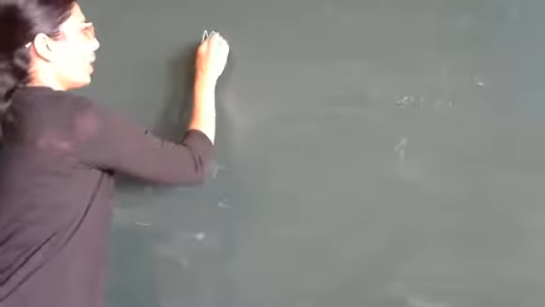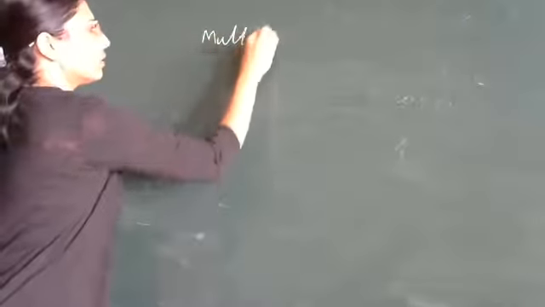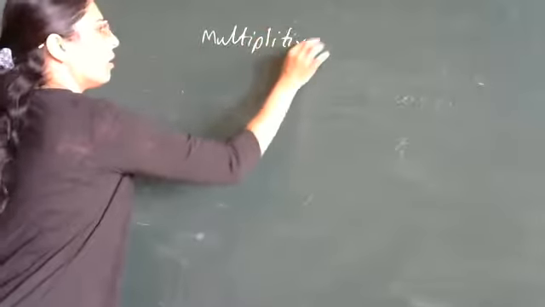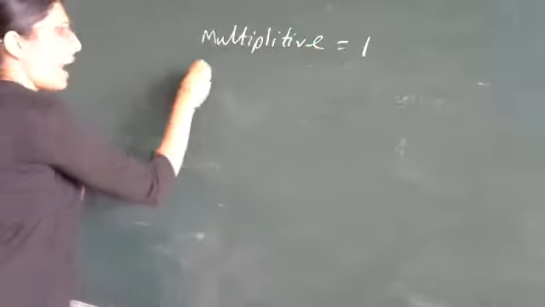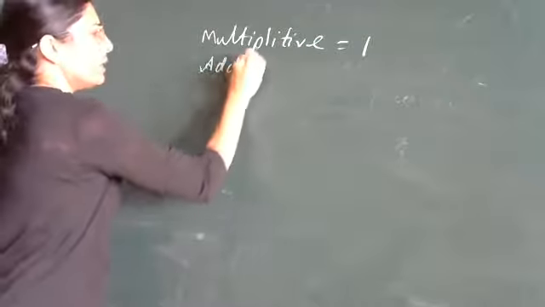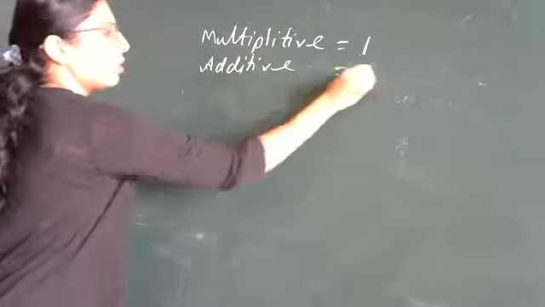Multiplicative identity is 1 and additive identity is 0.